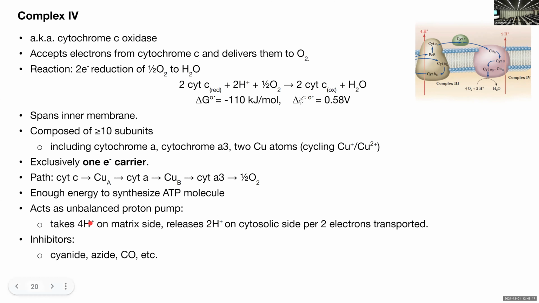So 4 hydrogen cations, or protons, get into the matrix, as opposed to only 2 hydrogen cations, or protons, exported out to the inner membrane space there. The inhibitors are the cyanides, azide, carbon monoxide, and so on.